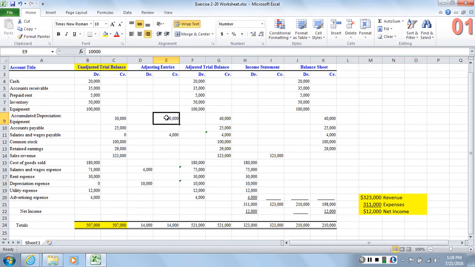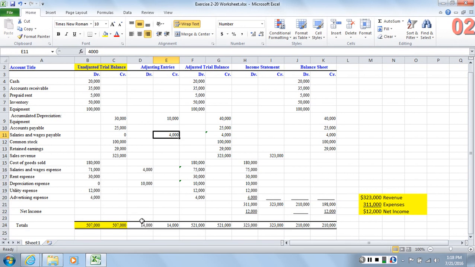Accumulated depreciation took the credit side of that entry for $10,000. And then we had another one, wages expense here for $4,000 was debited. The wages payable took the credit side of the entry. So this is very simple. Most businesses you would see quite a few more adjusting entries, but this will do for our purposes.